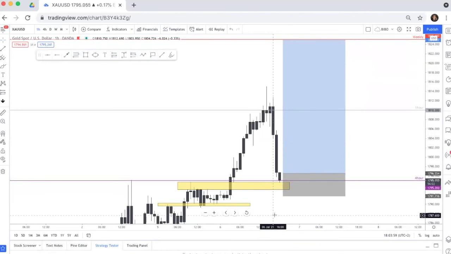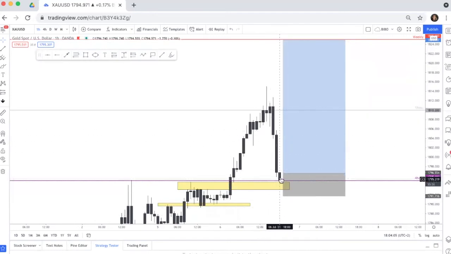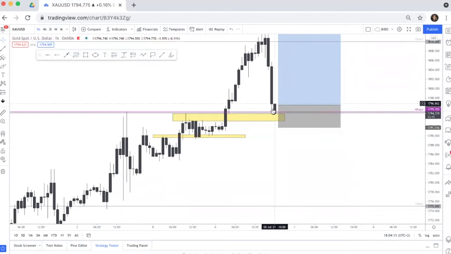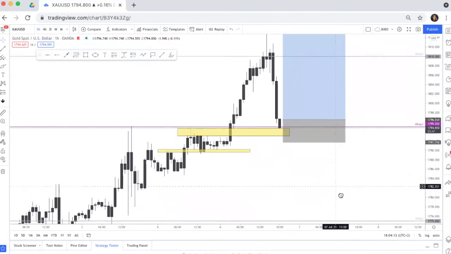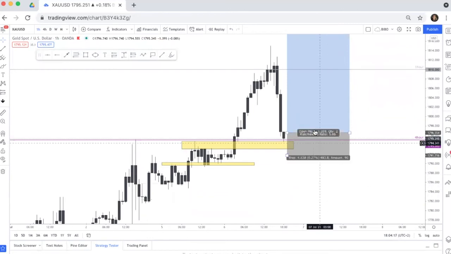That will give me indication that there is momentum. The bulls are back in control, because right now on this exhaustion, the sellers, the bears are in control. So I am going to wait for price action to show me a nice bull candle, and then I'll ride it all the way back up.